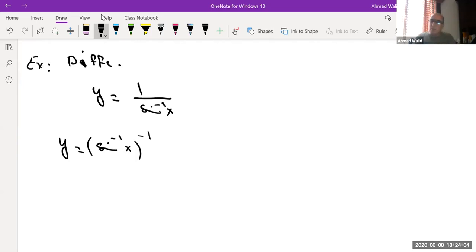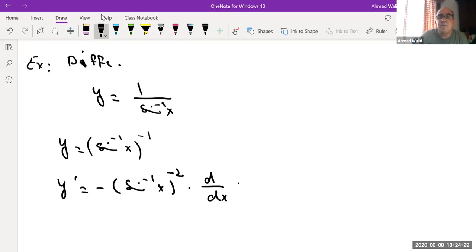Be careful with the rules, because some of you may not see that it's a chain rule. Oh, no, let's apply the formula. No, it's a chain rule, correct? Then you can say y prime equals negative (inverse sine x) to the power of negative 2, you subtract 1, times d/dx of the inside, inverse sine x.